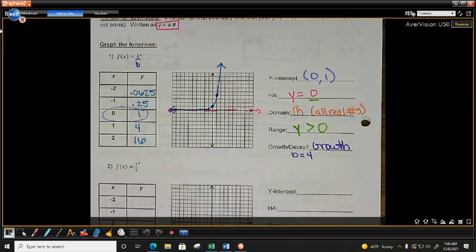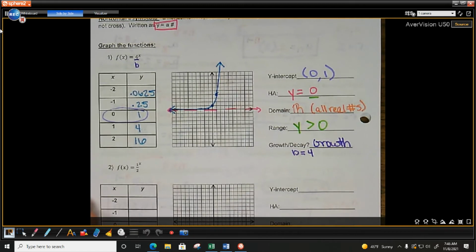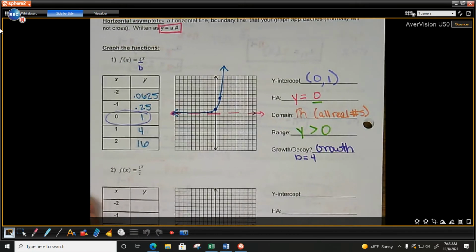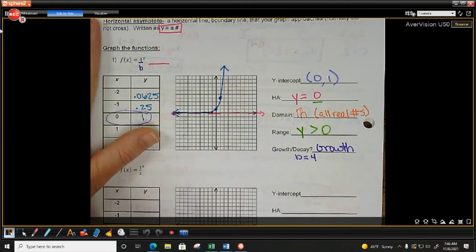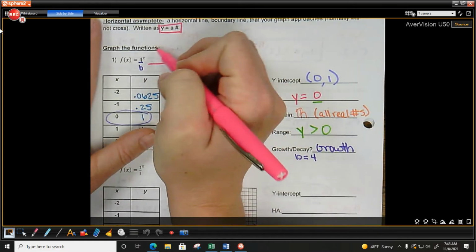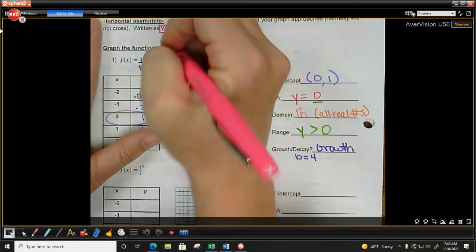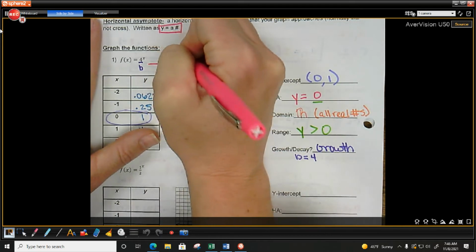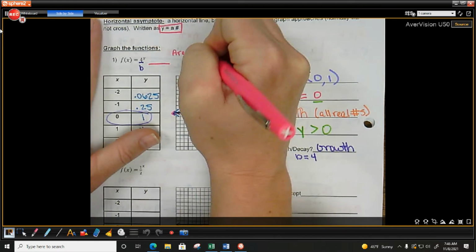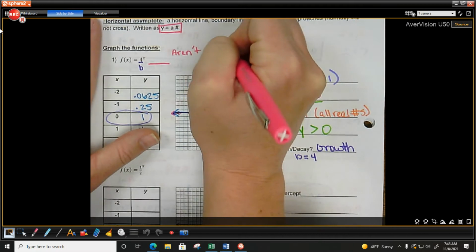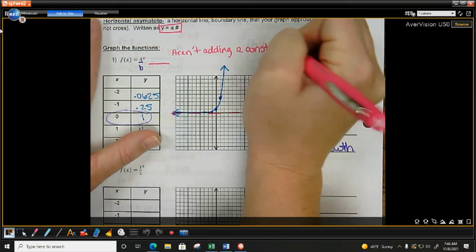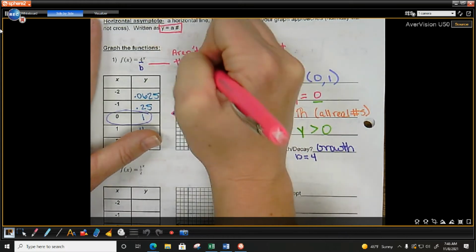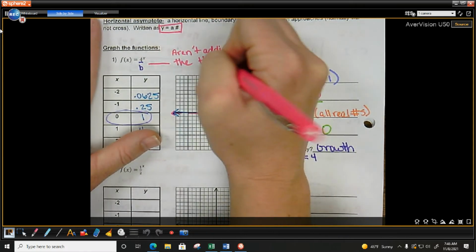Okay? Now, one other thing we're going to talk about before we move on. Right here, is there a plus or minus number? Do you see anything over here? No. Since we aren't adding a constant, the horizontal asymptote is at y equals 0.